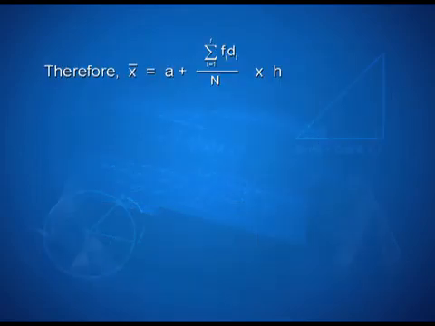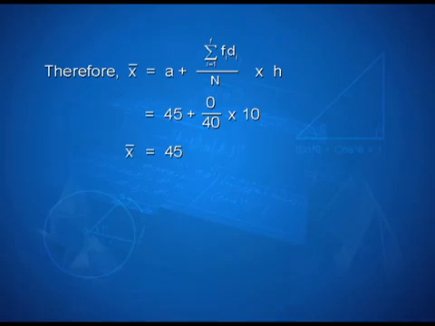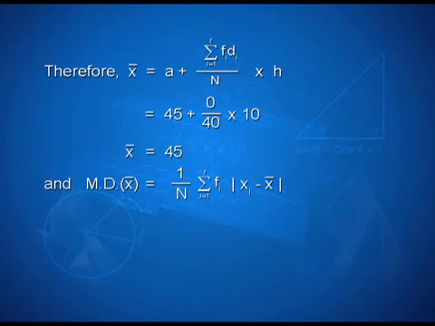Therefore, x bar is equal to a plus summation i ranging from 1 to 7 fi di upon n into h is equal to 45 plus 0 upon 40 into 10. That means x bar is equal to 45, and mean deviation about the mean is equal to 1 upon n into summation i ranging from 1 to 7 fi into absolute value of xi minus x bar.